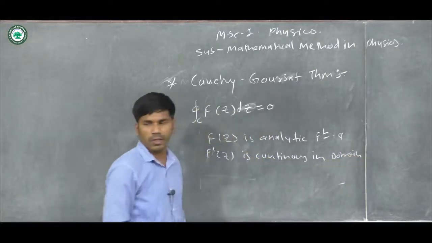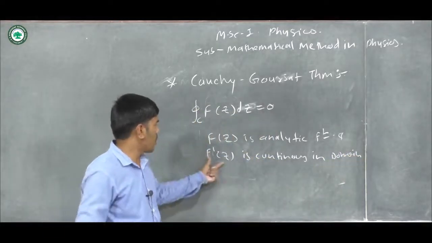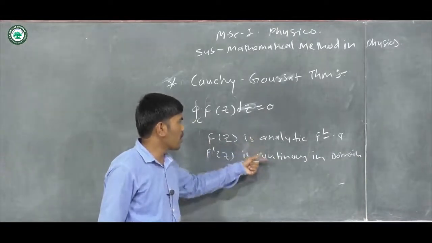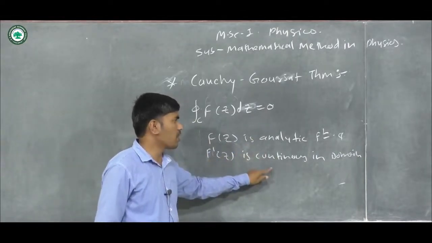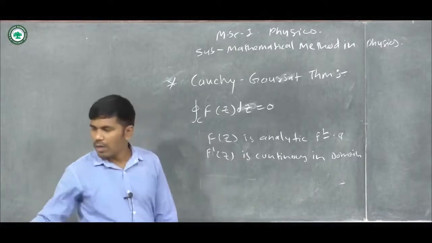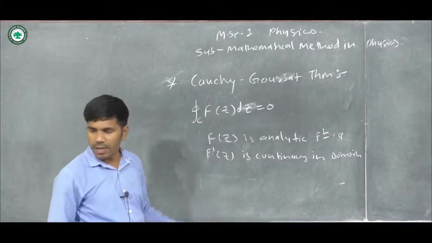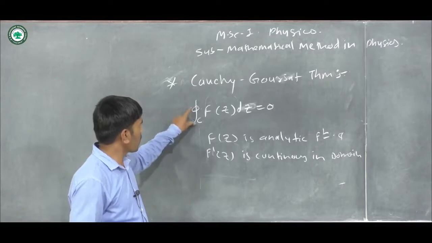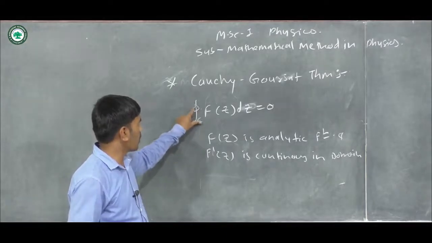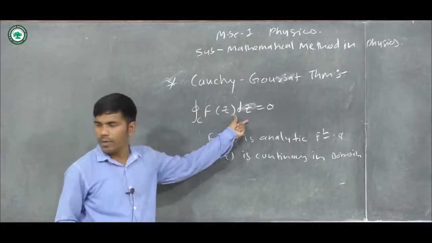Here I am considering the domain D. So f of z is an analytical function, and f prime of z is continuous in the domain D. Then we can say that the closed integral over C of f of z dz is equal to 0.